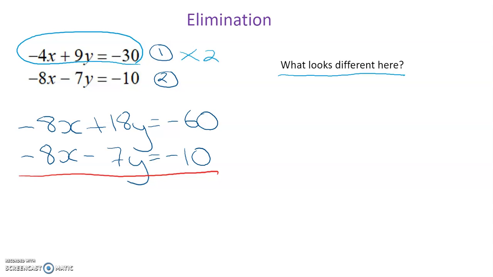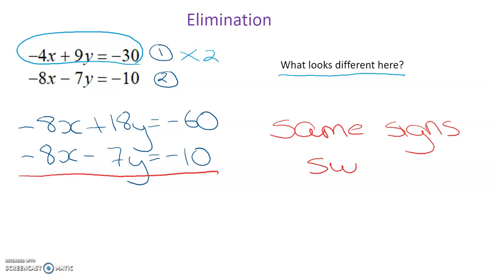Or, if you can remember little tricks: if the signs are the same, like we have here, we're always going to perform a subtraction. If the signs are different, you're going to add.